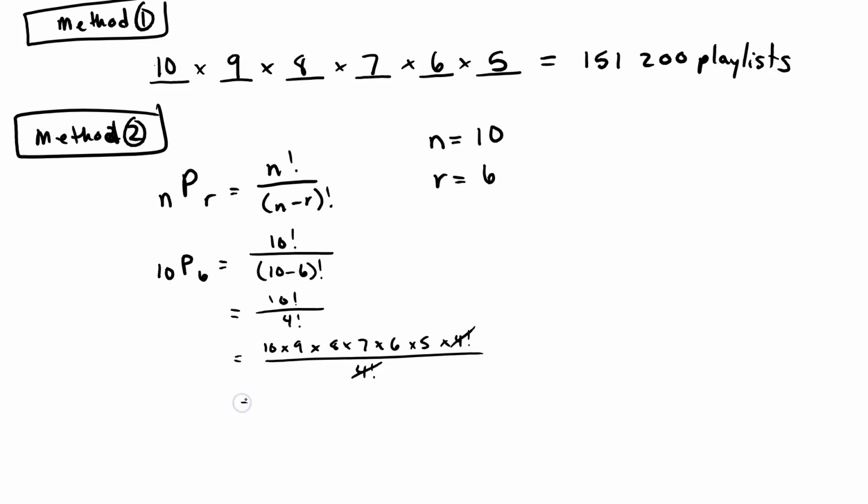And what I'm left with here is 151,200 playlists, because we just have the same as here, 10 times 9 times 8 times 7 times 6 times 5, because the 4 factorials cancel in both the numerator and denominator.